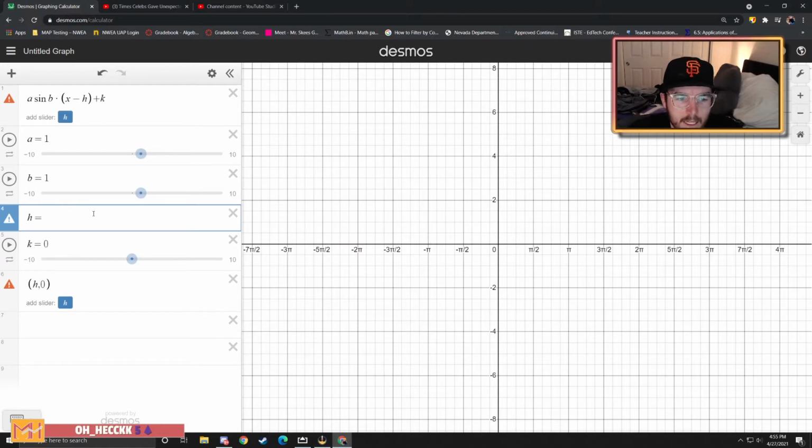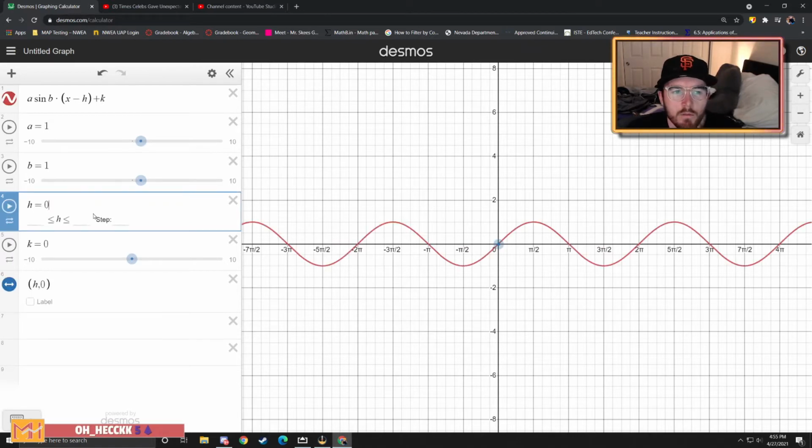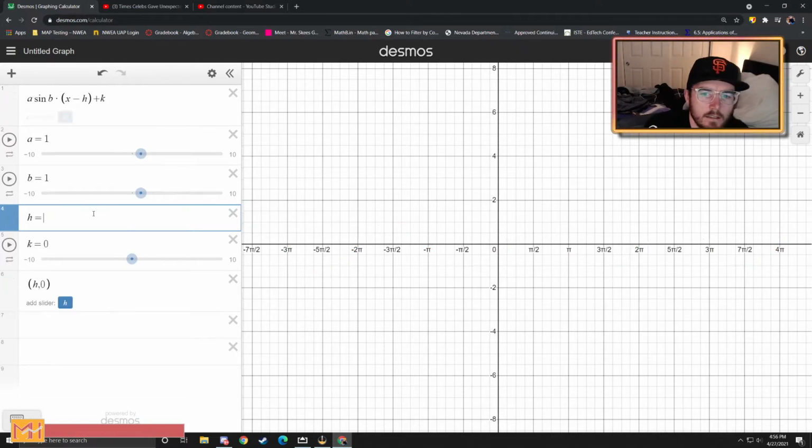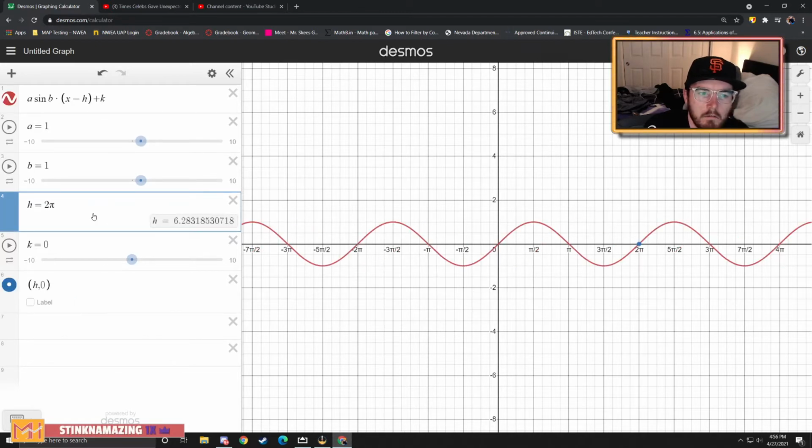Watch. If I make h 0, I don't move it left or right. There it is. But if I make h 2 pi, did it move? Right? Did it move? Here's 0. Here's 2 pi. Here's 0.